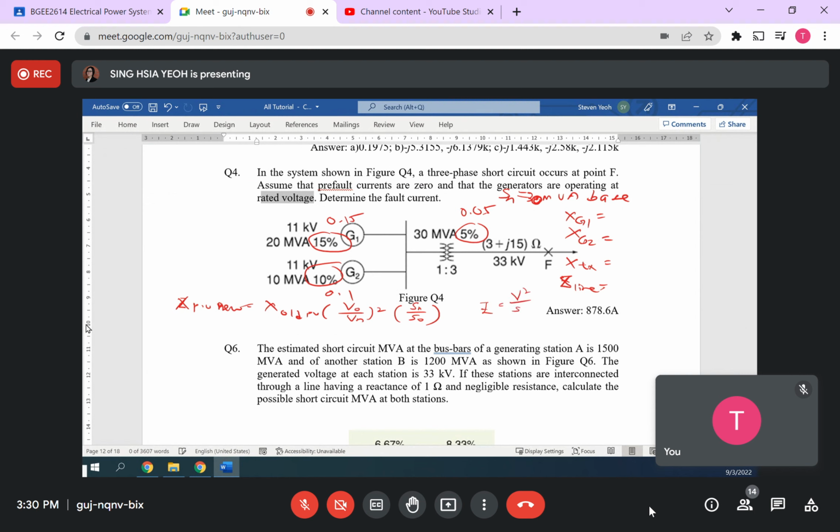V squared over S base. V squared will be 33 kV, S will be 30 MVA. Then you get the base value. Then the Z line will be the actual 3 plus 15j, divided by Z base.